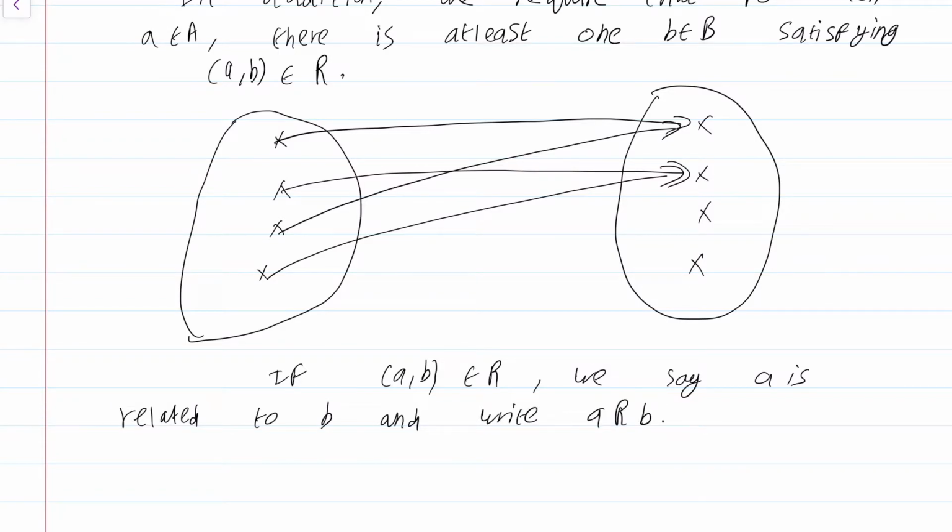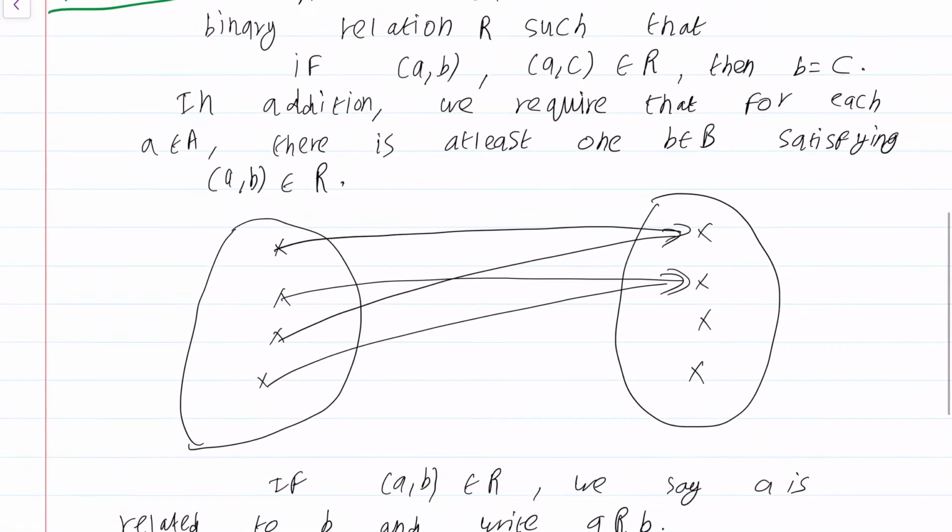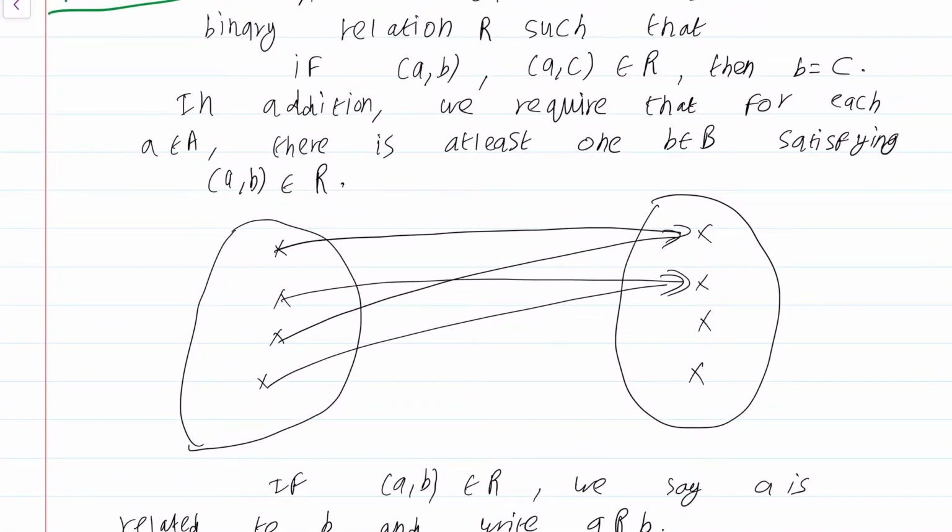So we are using sort of infixed notation instead of ordered pair notation to say that a is related to b is same as saying (a, b) is an element of R. A function would have another special property that if (a, b) is there in the relation and (a, c) is also there in the relation, then b has got to be equal to c.